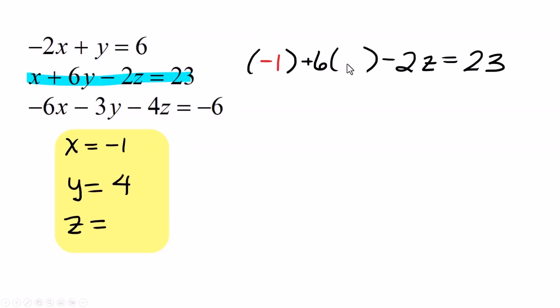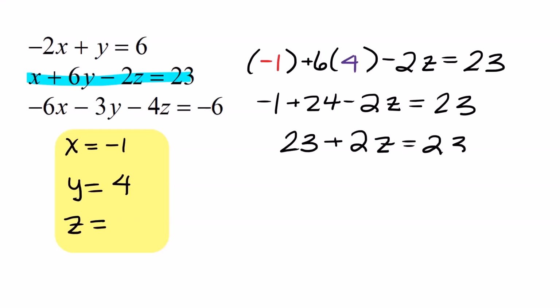The y is 4. Let's do the math. And combining like terms. And now we subtract 23 from both sides, and we're like, really? Yeah, z equals 0.